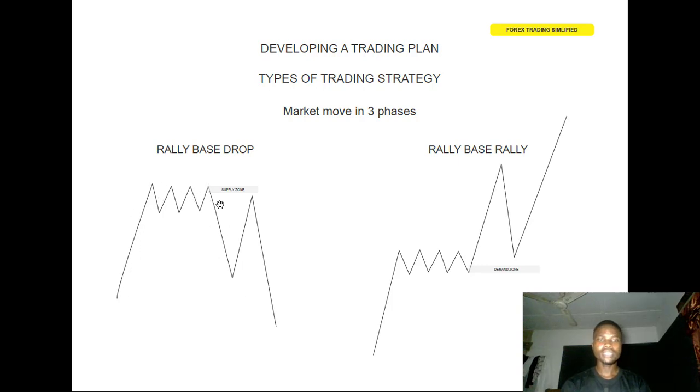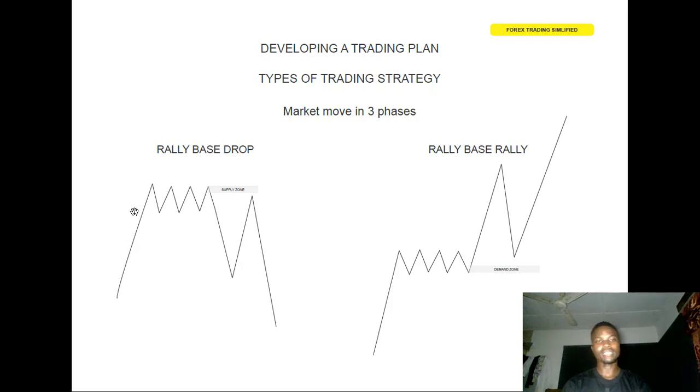So now when you see sellers break through a range area like this, what you have to do is wait for a retracement. This is what is going to confirm that the sellers are actually in the market.